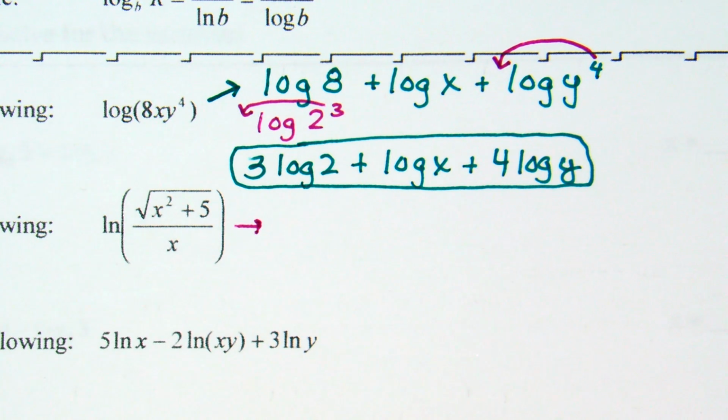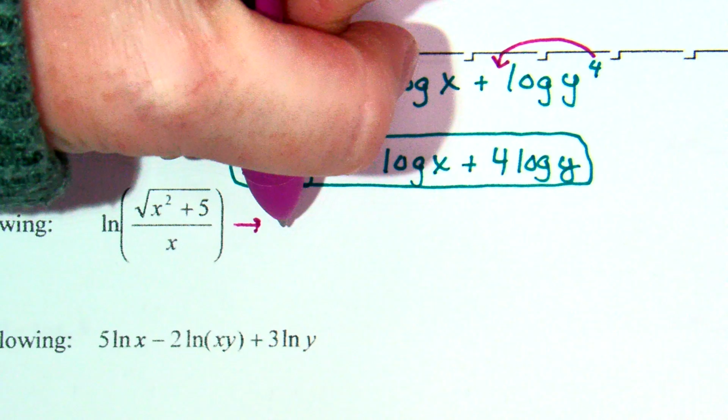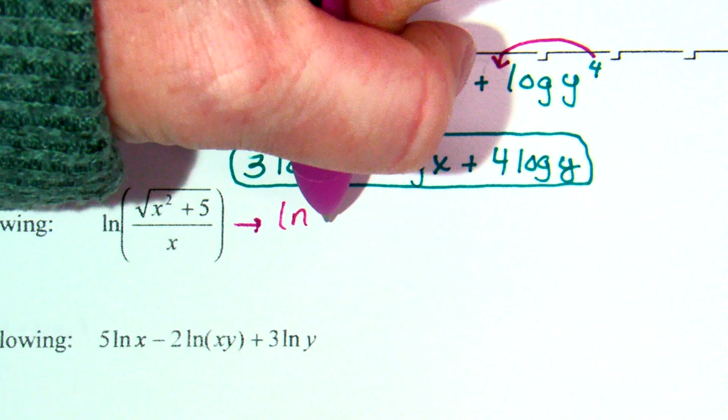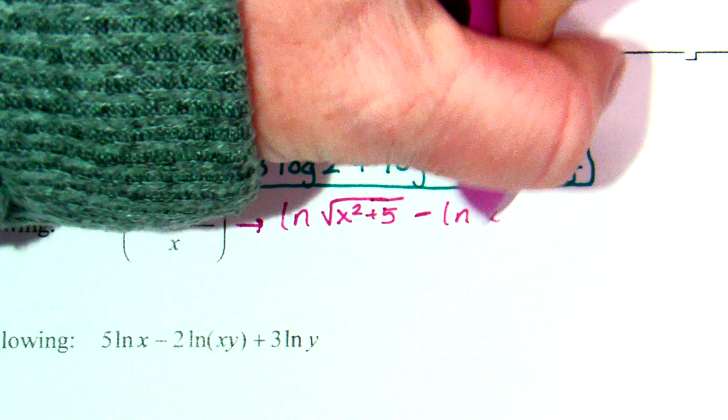Well, don't worry about what's inside yet. Okay, start using the quotient rule, yes? Quotient rule says pieces inside the log that are being divided can be separated into logs that are what? Subtracted. So I'm going to say the natural log of the square root of x squared plus 5 minus the natural log of x.